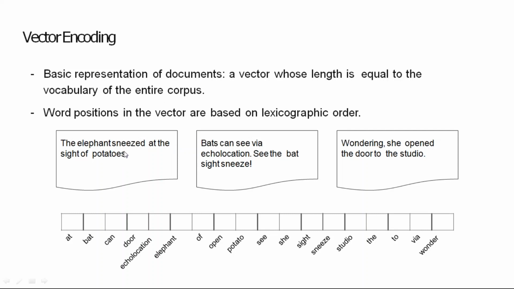First of all, make sure we understand what vectorization is. For example, say I have a document, a paragraph stating: the elephant sneezed at the side of potatoes. If I want to represent this sentence in the form of a vector, first of all, I need to arrange the words in ascending order. For example, A will come first before B, and in the same manner I will go up to W. If that word is present, I will put 1 there, and the remaining cells I will mark as 0.